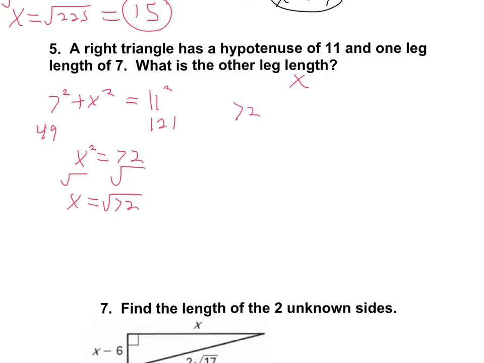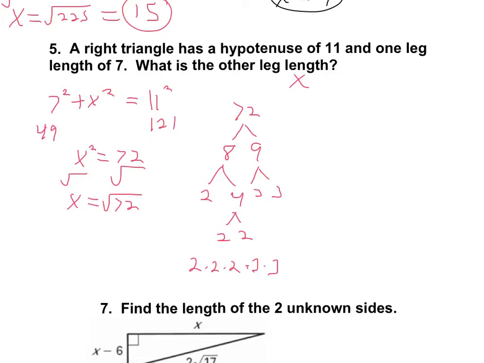So you have two options with this one. You can just take 72 and split it up however you want. I think 8 and 9 is what comes to mind. And then 8 can split up into 2 and 4, and then 4 is 2 and 2, and then 9 is 3 and 3. And so in the end, what makes up 72 is 2 times 2 times 2 times 3 times 3.